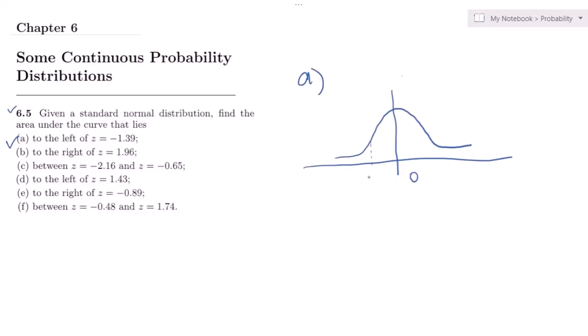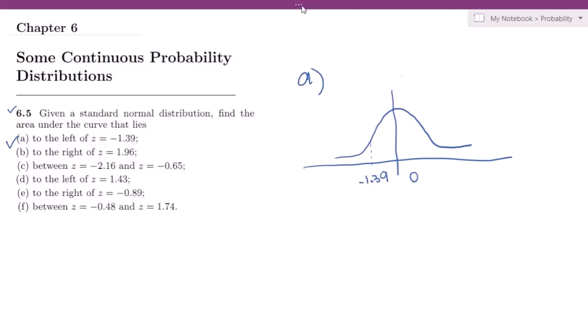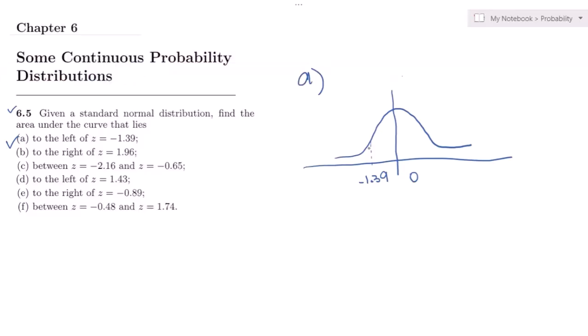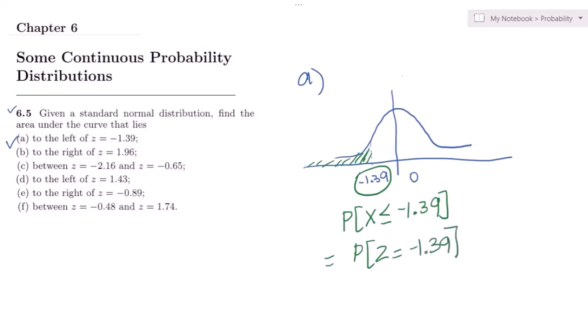We want the area under the curve to the left of z equal to minus 1.39, which is here. This is the probability that z is less than or equal to minus 1.39, and we have to find this value.